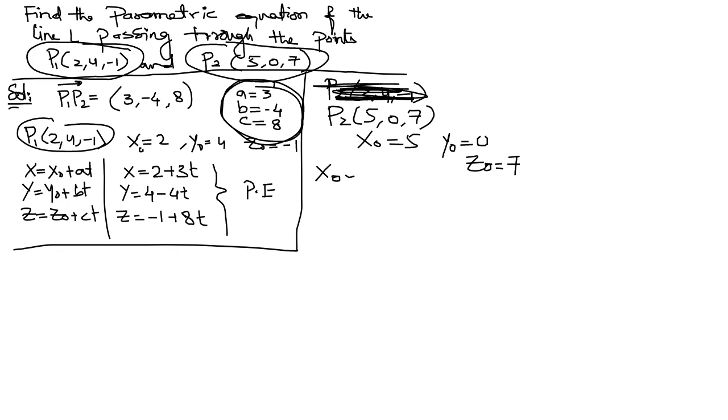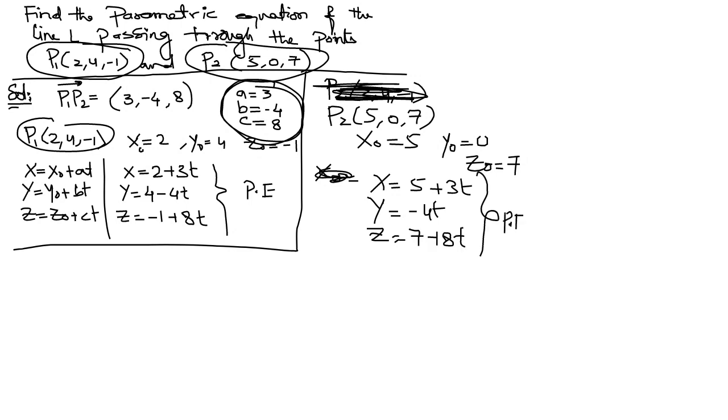So what will be the parametric equations? x is equal to 5 plus 3t. y naught is 0, so y is equal to -4t, and z is equal to 7 plus 8t. And these are the parametric equations for point P2.